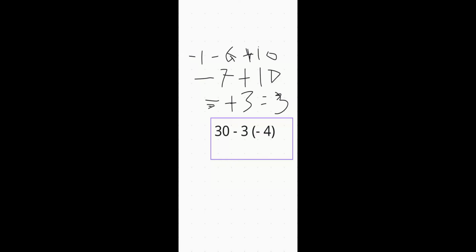So if you look at that bracket that has minus 4 inside, what number do you see to the left-hand side of that bracket?